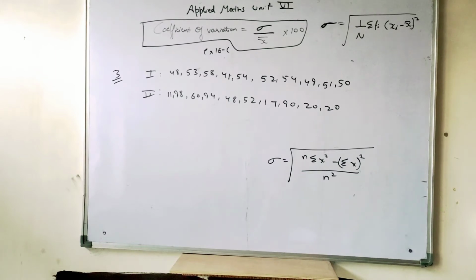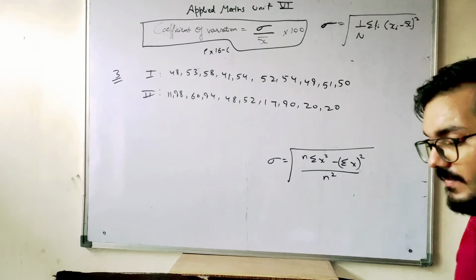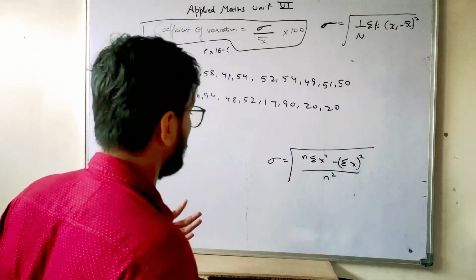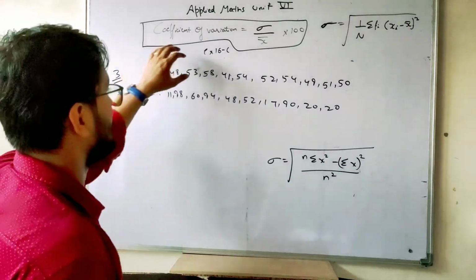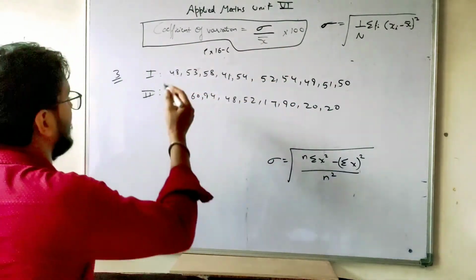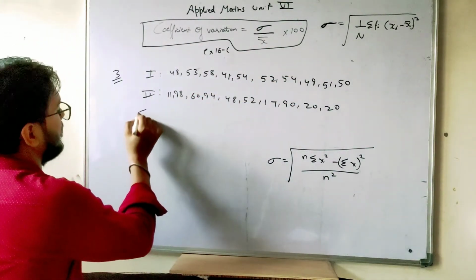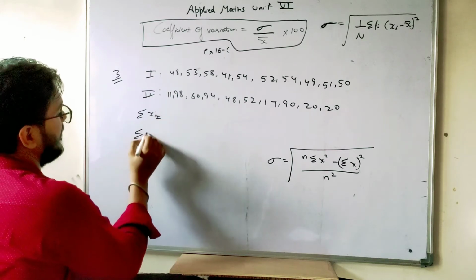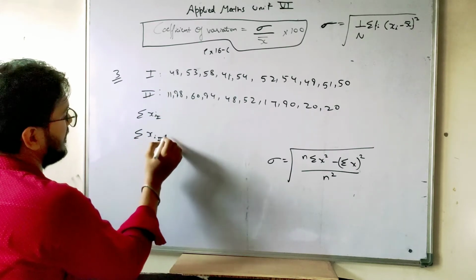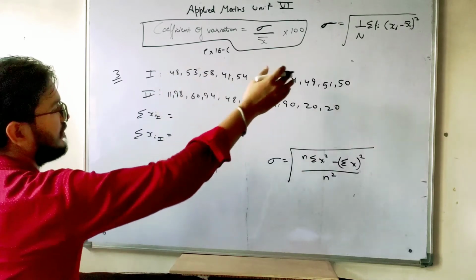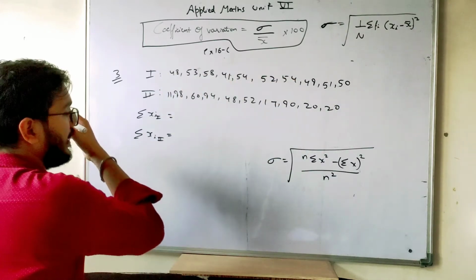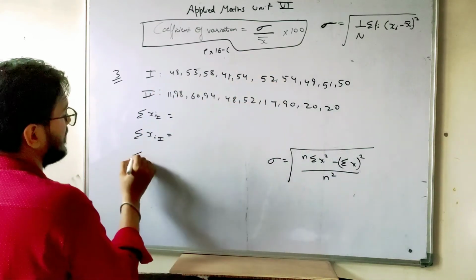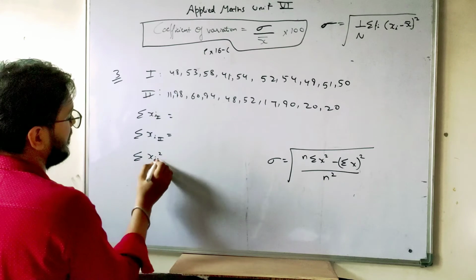Next is question number 3, which is exactly the same. Just find the standard deviation. We learned in the previous exercise how to find the standard deviation. If some data is given, first find sigma xi, the sum of all the values. Then find the sum of the squares of all the values.